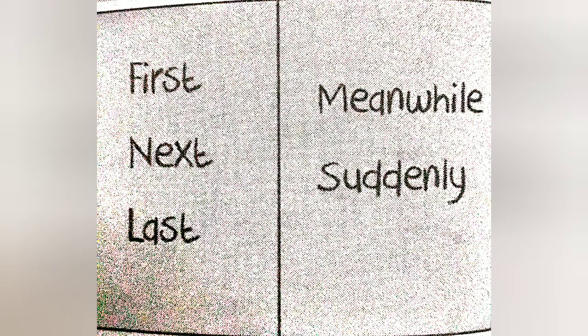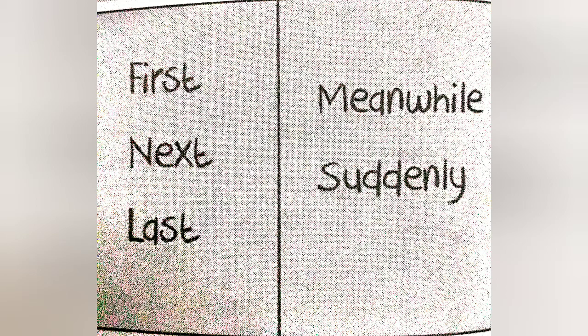The word meanwhile describes an event that is happening at the same time as another event. The word suddenly describes an action that happened quickly and without warning. All the other words tell us only about the sequence of events.